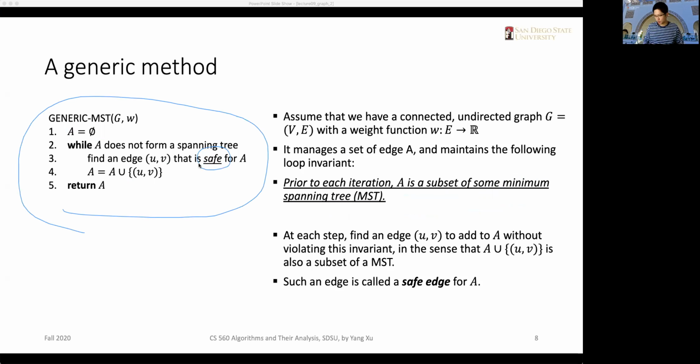We don't know what could be a safe edge. So we will look at the next few slides to give an operational definition to the concept of safe, because this is a very important concept in order for us to come up with concrete implementations, rather than something that is purely a concept in our mind.